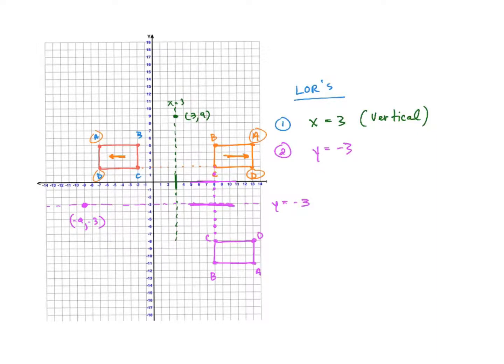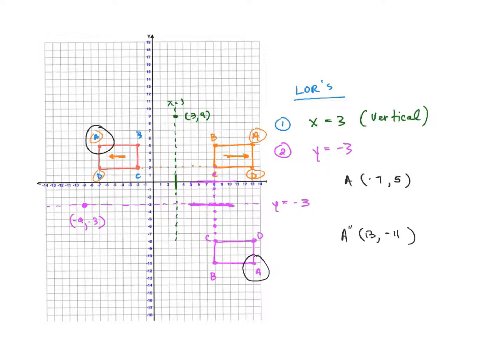And what will be asked of you is, for instance, taking the letter A, which was originally -7 and 5, and then they'll ask for, after the two reflections, what is your new coordinate for A, which would now be 13 and -11.